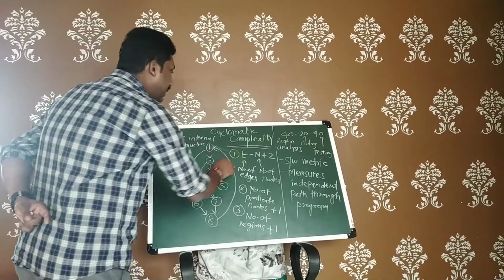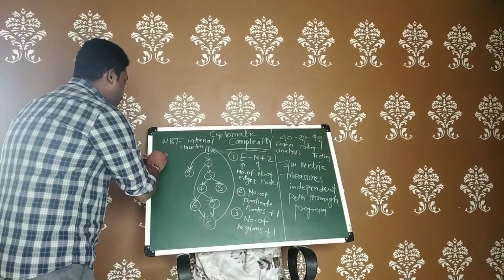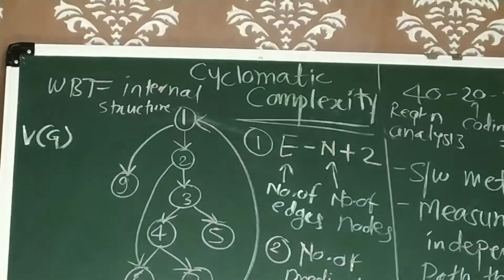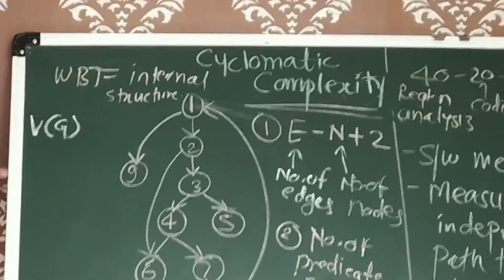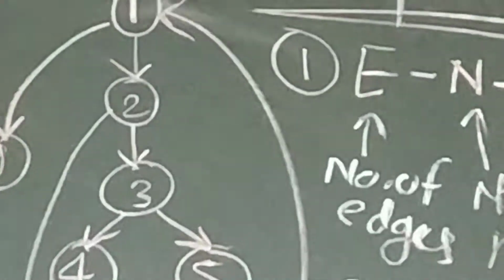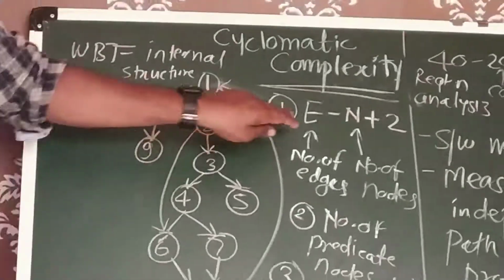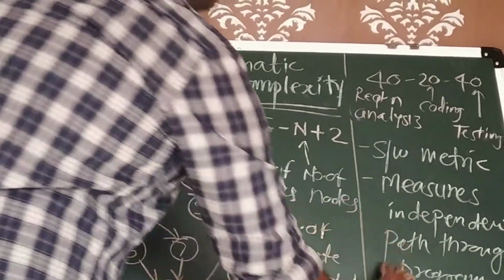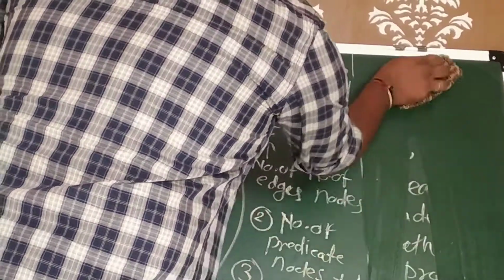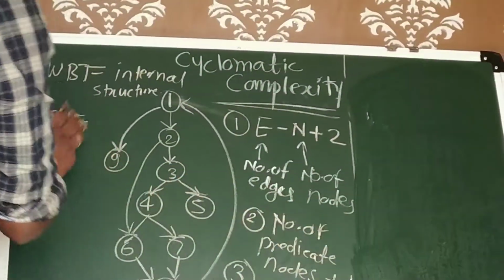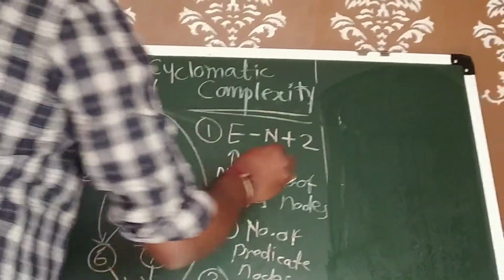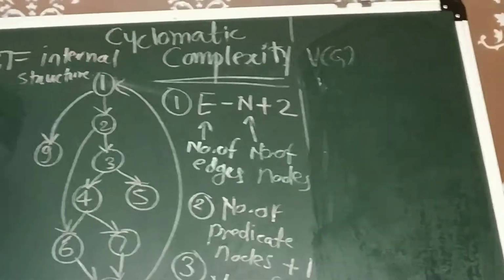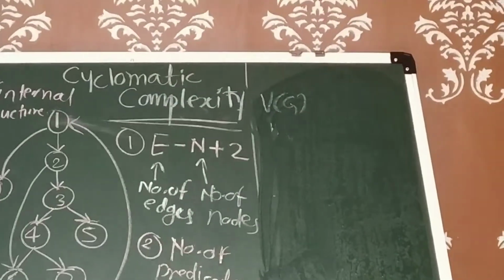Let us see E minus N plus 2. Now V(G), it is the graph complexity. V(G) equals E minus N plus 2.